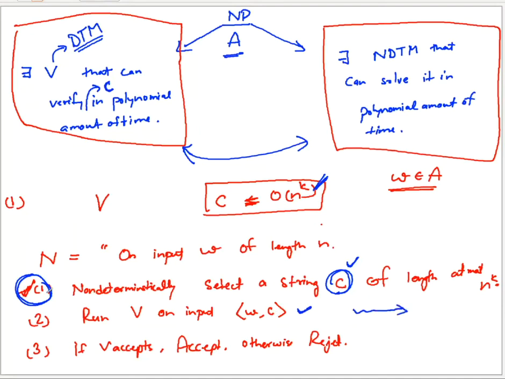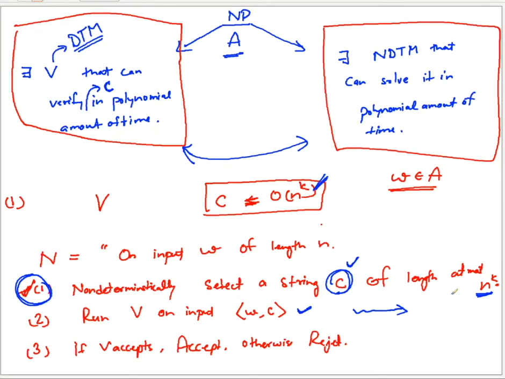So step 1, because you are guessing a string of length at most n to the power k, at most n to the power k depth you have gone in the branching. Therefore, the time it will take to guess such a string will be order of n to the power k, which is a polynomial in the input size. Step 2, to verify it, again polynomial, because c is of length at most n to the power k.